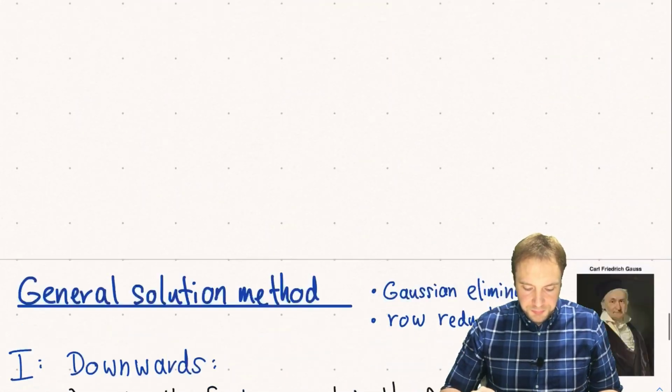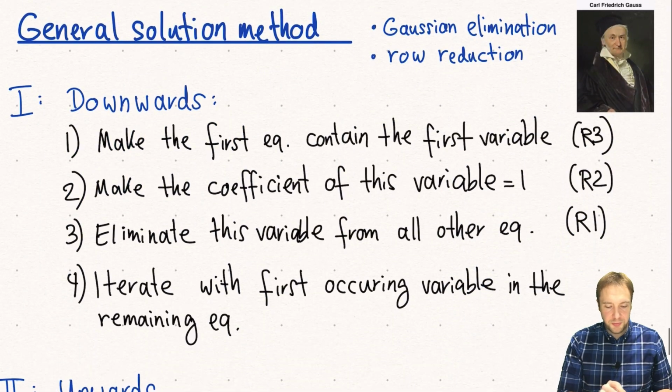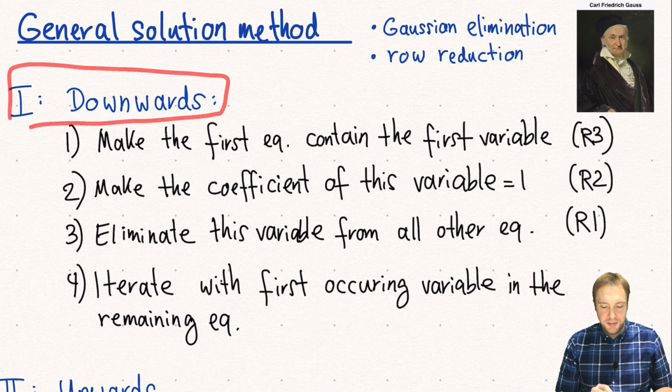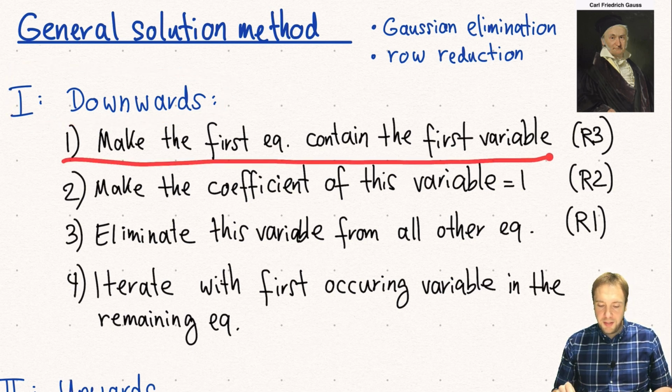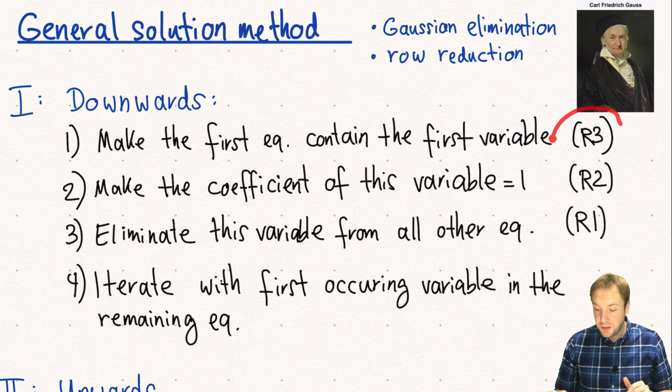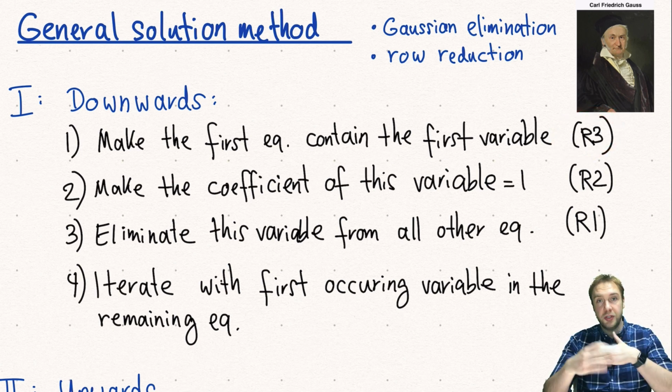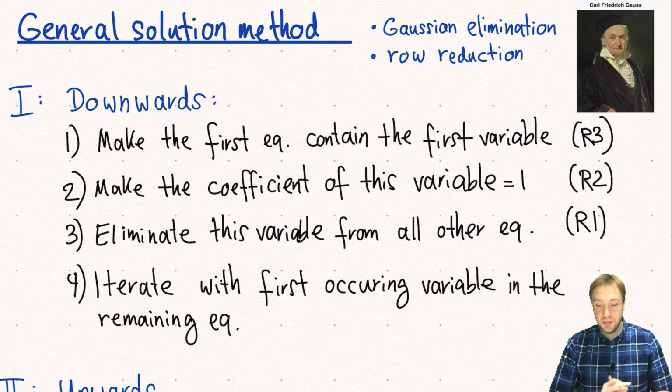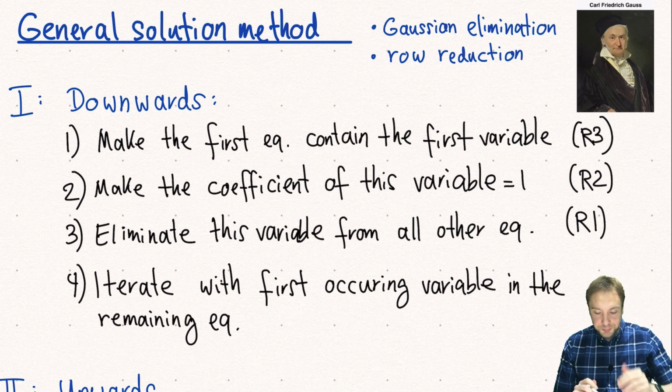And therefore, what we first do is going downwards. And the first step is make the first equation contain the first variable. And this we can do with the row operation R3, which just means we can change the order of the equations. So this is the first step. We want to make sure that x1 appears in the first equation.